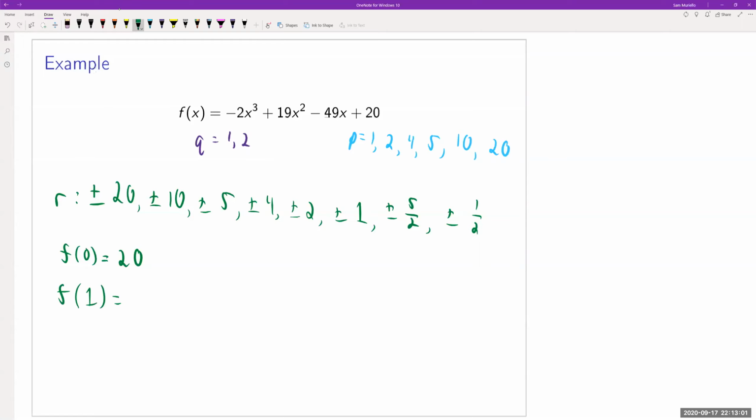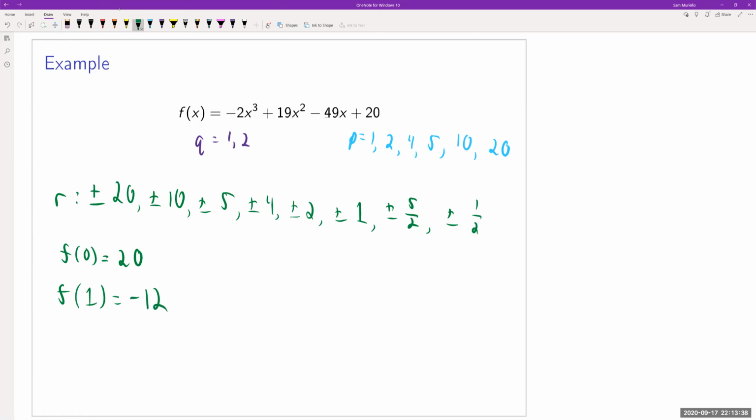So that will be negative 2 times 1 cubed plus 19 times 1 squared minus 49 times 1 plus 20. And this comes out to be negative 12.